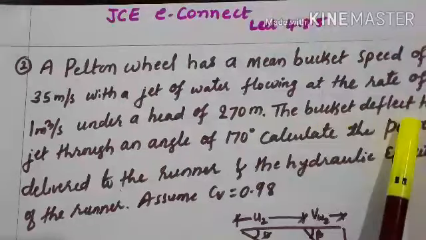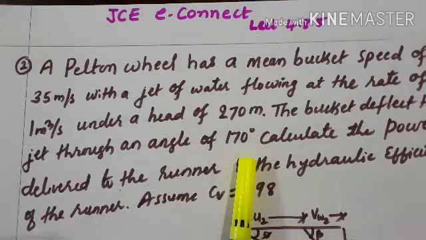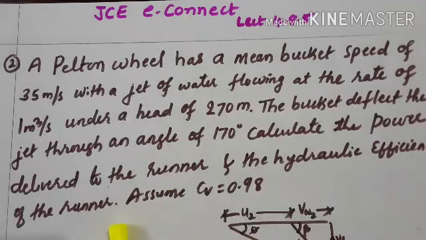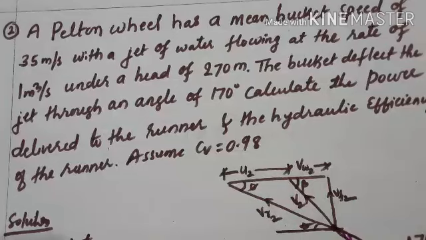The bucket deflects the jet through an angle of 170 degree. Calculate the power delivered to the runner and the hydraulic efficiency of the runner. Assume the coefficient of velocity as 0.98.